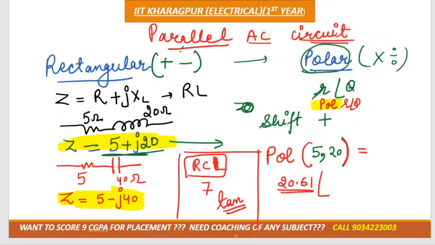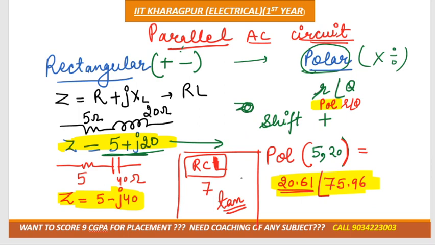Then what is the value that is coming? 75 point something. This we got in the polar form.